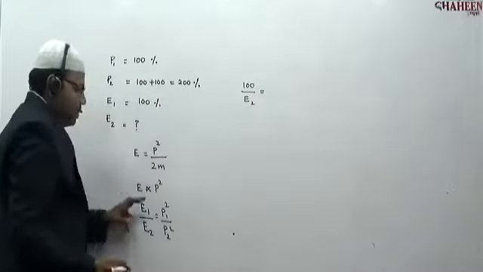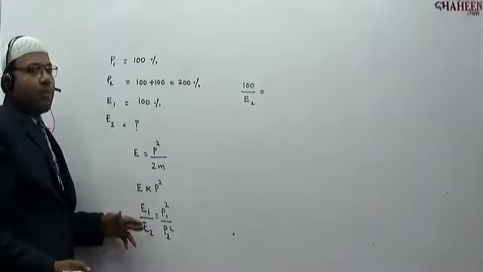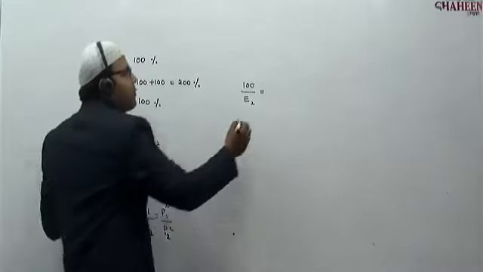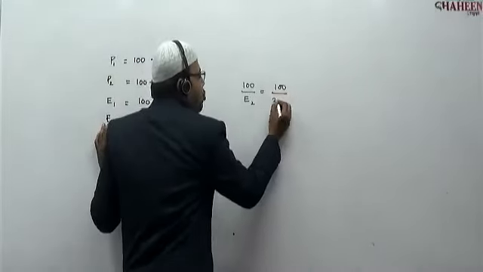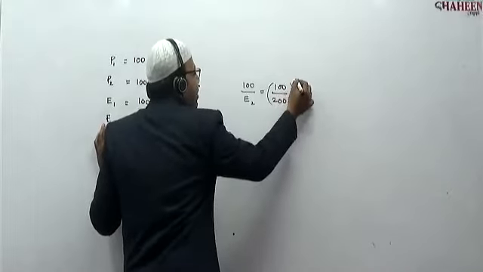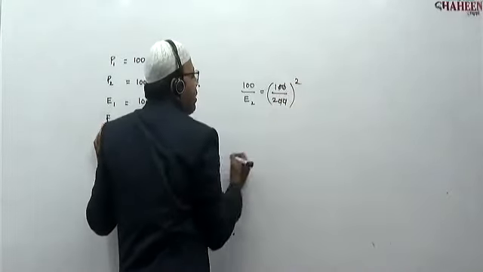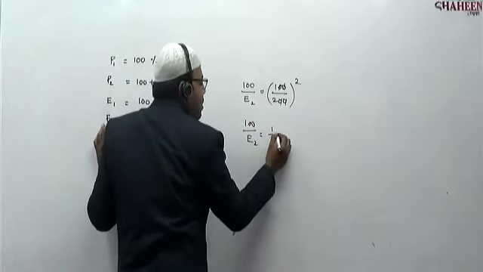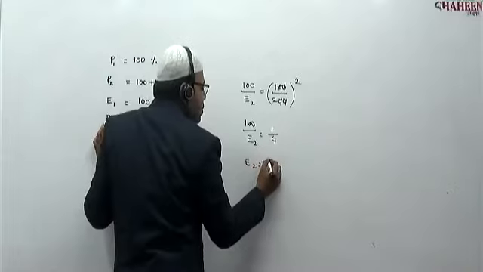P1 is 100, P2 is 200, squared. So 100 by E2 gives us 1 by 4. So E2 is equal to 400.